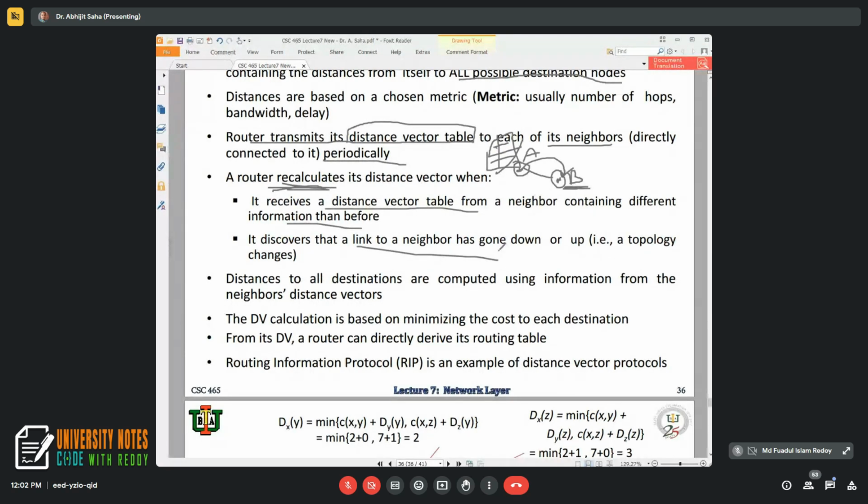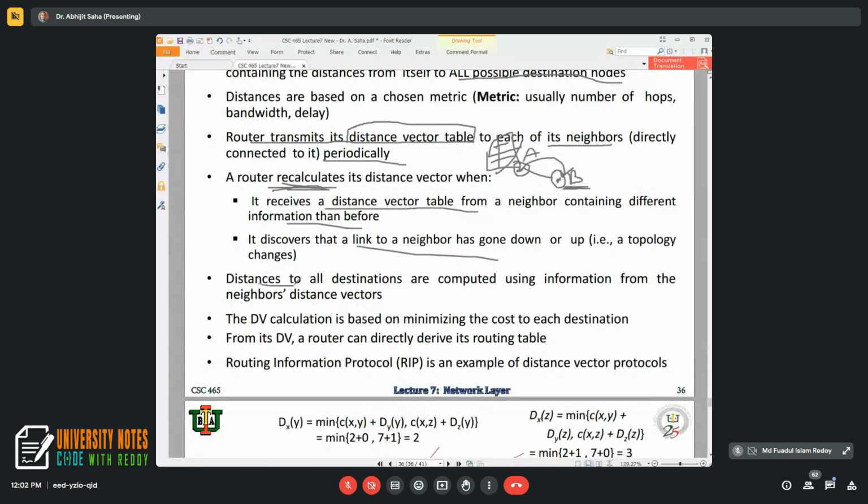Or it can happen that you find a least cost path to a node. The value you have in the table is compared with the least cost path you got to the same node, and that is also updated.